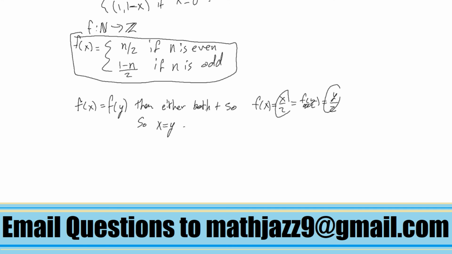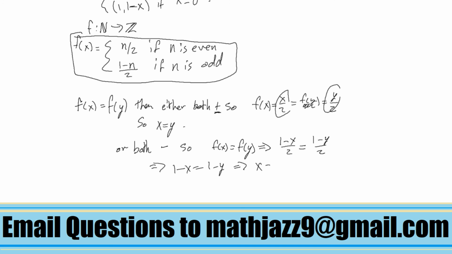On the other hand, if both are negative, so that means that f of x equals f of y means that we have 1 minus x over 2 equals 1 minus y over 2, which means that 1 minus x equals 1 minus y, which means that x equals y. And look, that's injective.